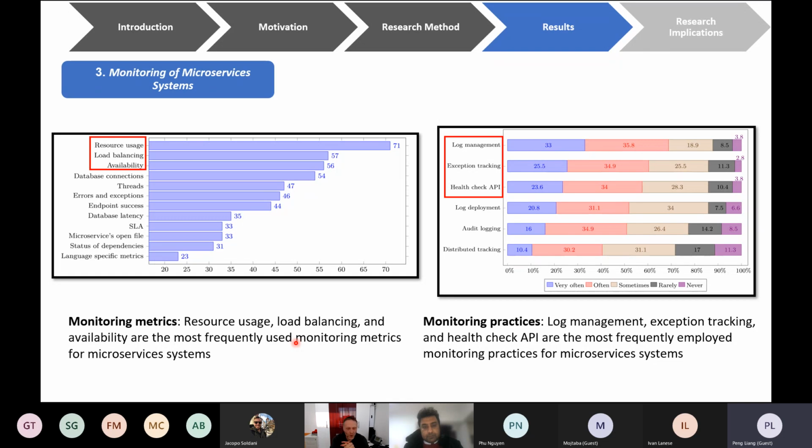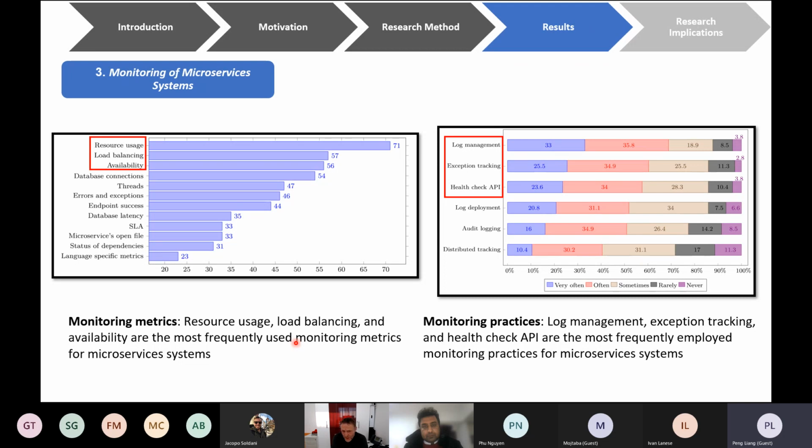The participants mentioned that the first 3 practices are the most often used. In particular, log management is used very often or often by at most 60–80%, followed by exception tracking, and then health check API.